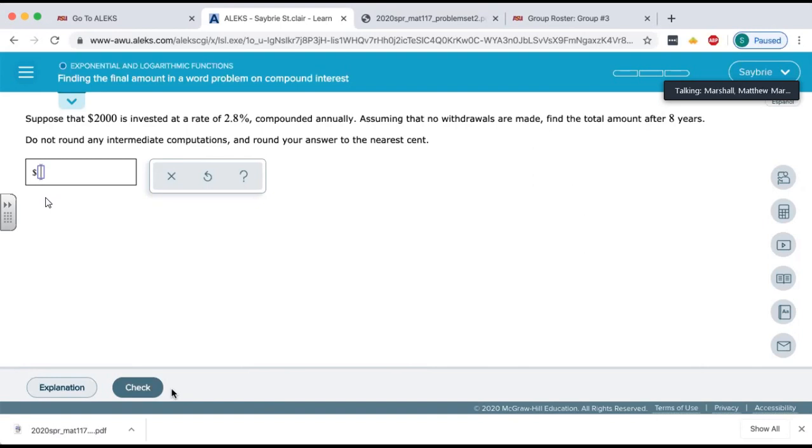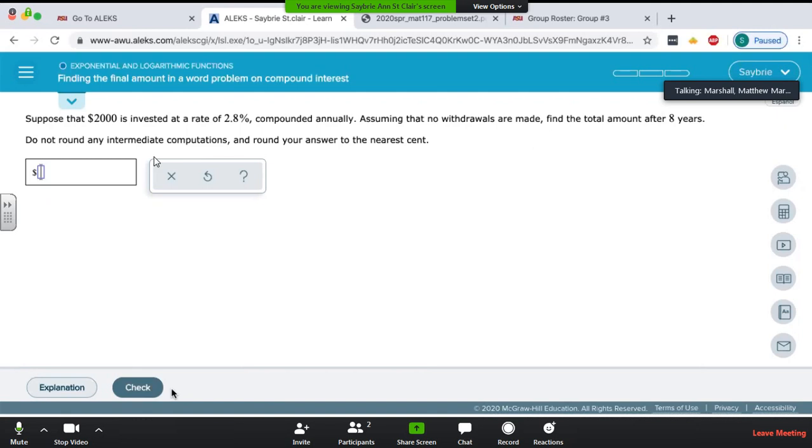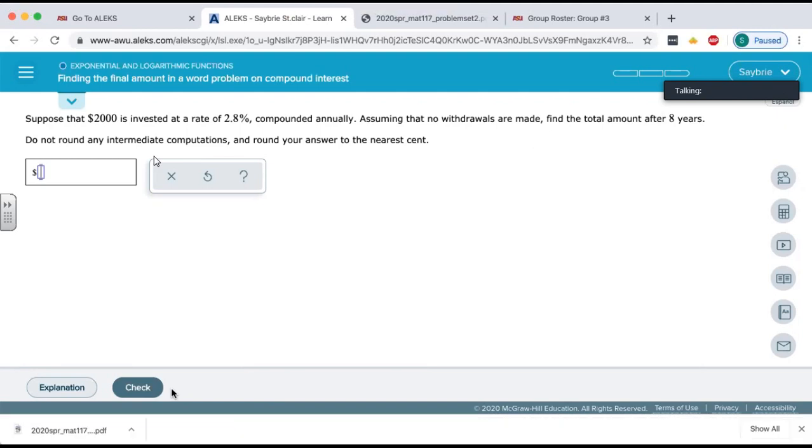So 2,000 is your principal. The percentage rate, yep, so that as a decimal, moved twice to the left, is 0.028.